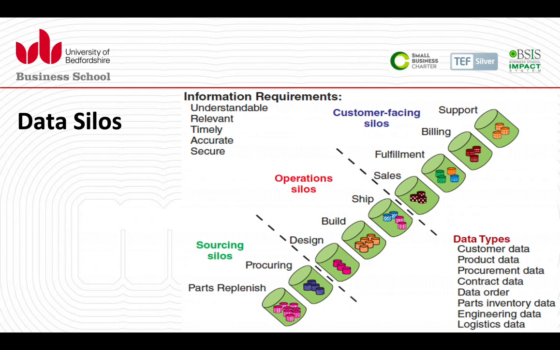The data types: customer data, the product, the procurement, the contract, the order itself, the design, and the supply chain, transportation and logistics. All this information needs to come in one place instead of being in silos or separate, to really address the business need. So the business system needs to be in place for enhanced efficiency and effectiveness in operation management.